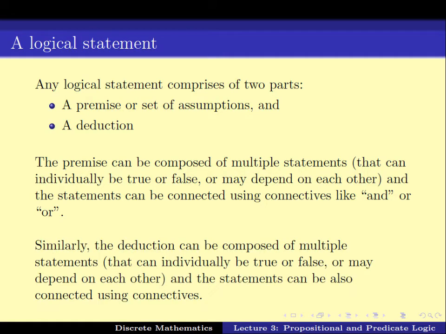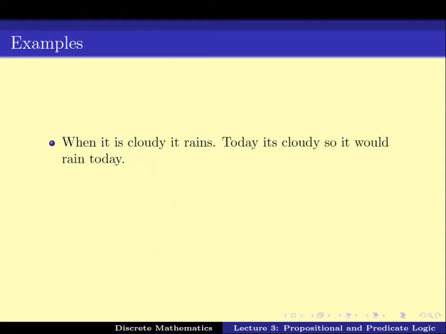Similarly, the deduction can also be composed of multiple statements connected using connectives. For example, let's consider this following statement. When it's cloudy, it rains. Today it's cloudy, so it would rain. It is a statement, a logical statement.